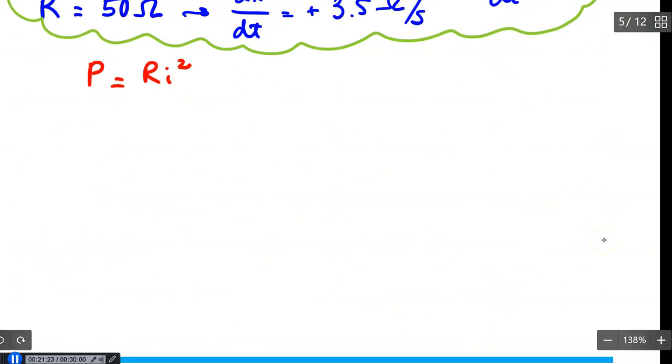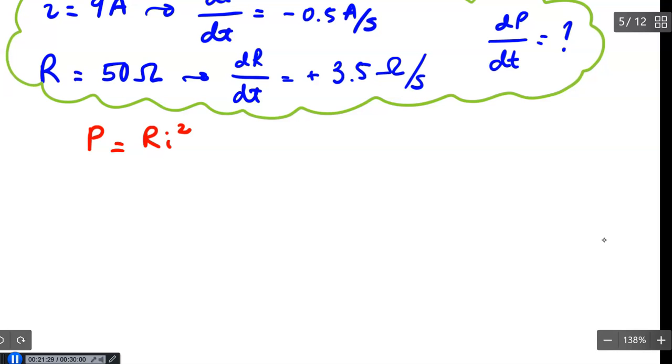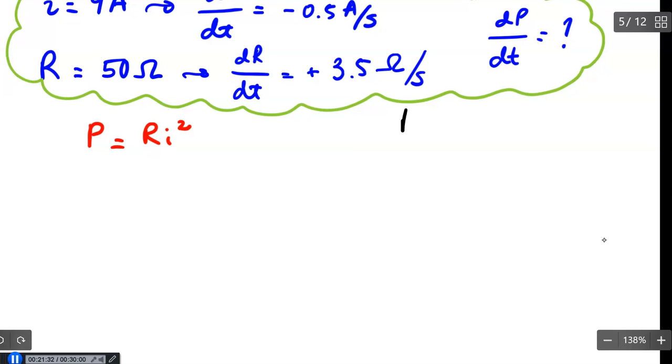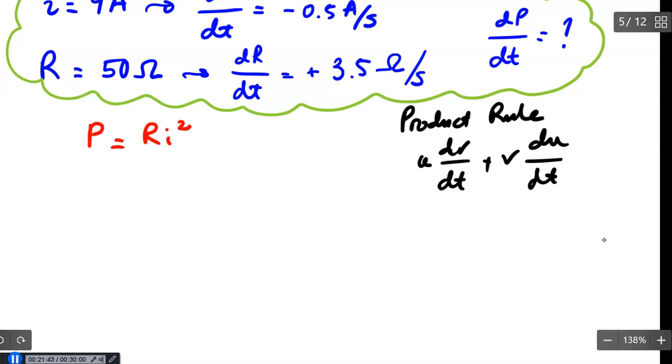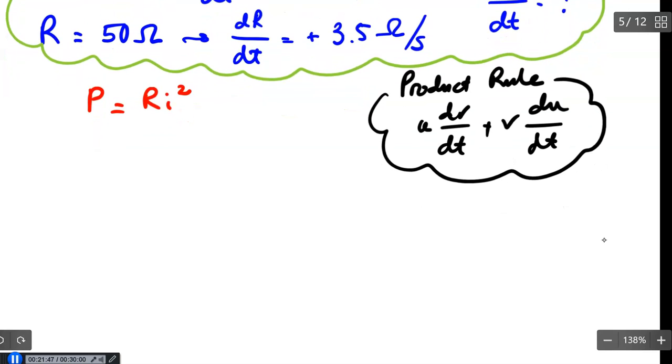So if I work with this, I know that I have to work with the product rule. Let's write that down. Product rule: I should have U times dV over dt plus V times dU over dt, because I'm working with the variable t at this point. And then I am going to differentiate both sides implicitly.